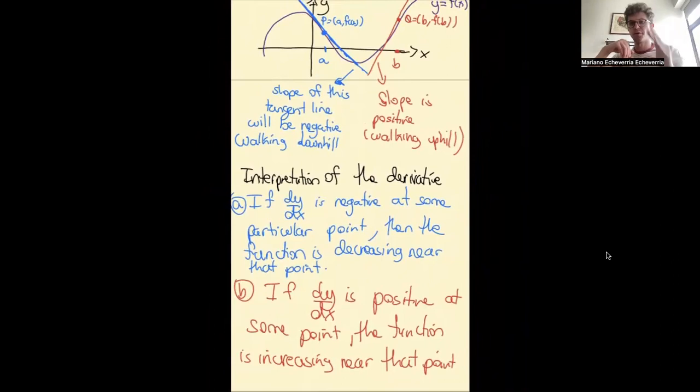If you're on the cart on the roller coaster, as you are climbing, as you're going up, the derivative or the slope is positive, and once you're going down, the derivative or the slope is negative. Is that okay? Are there any questions about this?